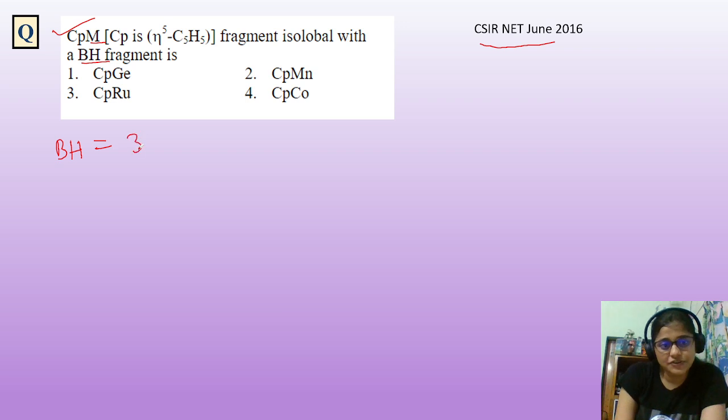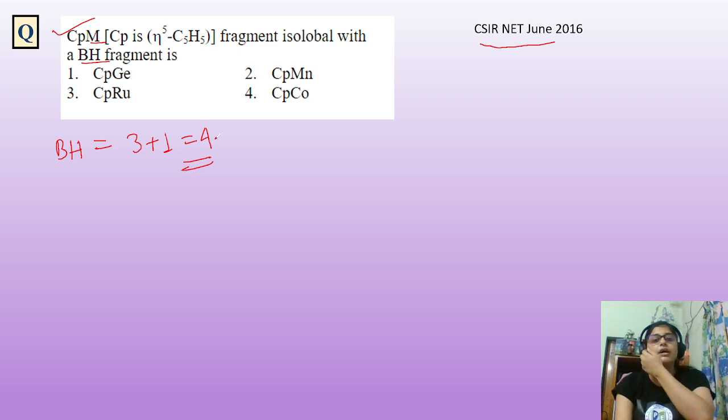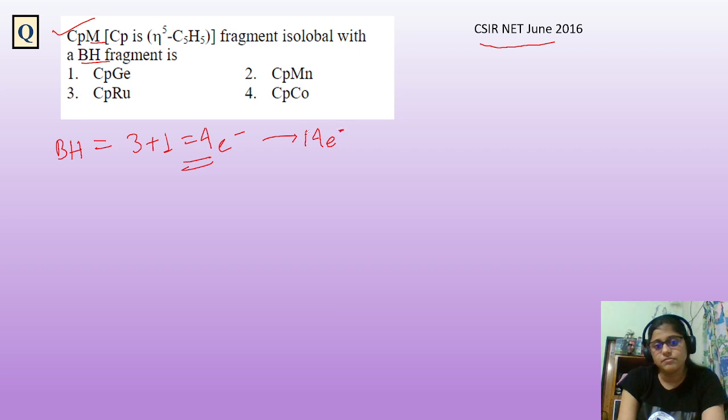It is 3 plus 1, 4. And the second one: if it is a transition metal, it will be isolobal with a 14-electron species, or if it is a main group element, only 4 electrons. Okay, two are the options.